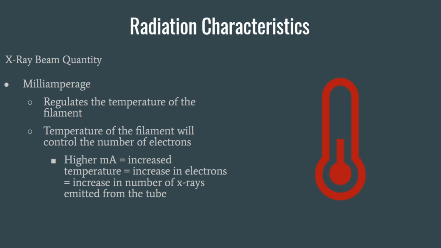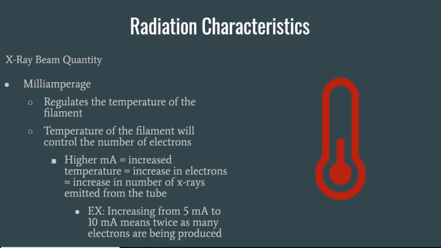So, as we have a higher MA, we have an increased temperature, and the hotter the filament is, it's going to increase the number of electrons. And the more electrons we have, the higher number of X-rays that we're going to have produced, which means more electrons, more X-rays that can exit the tube.